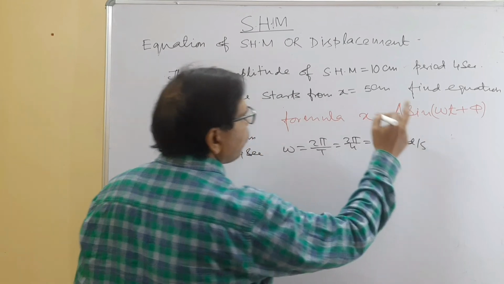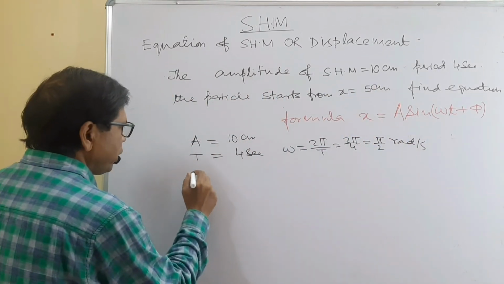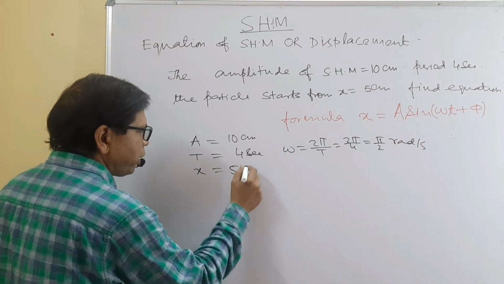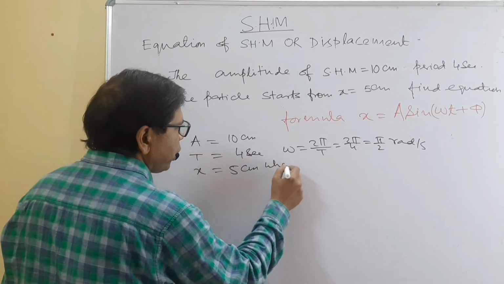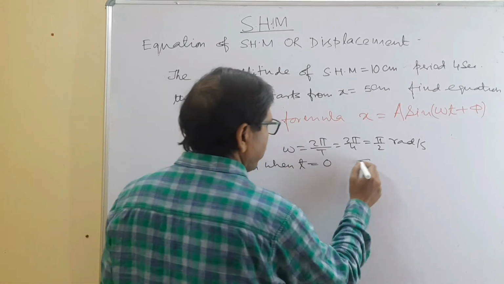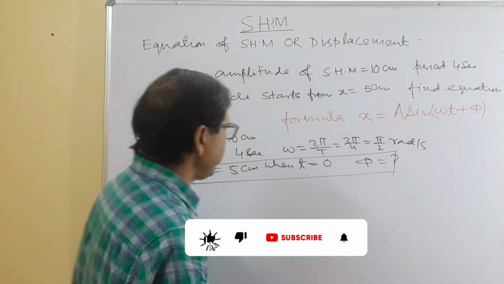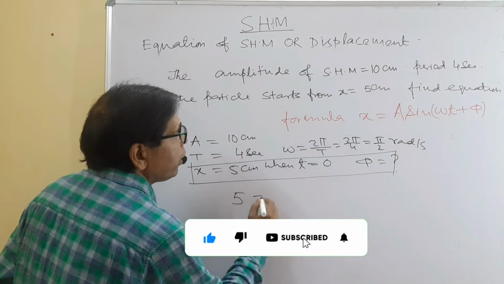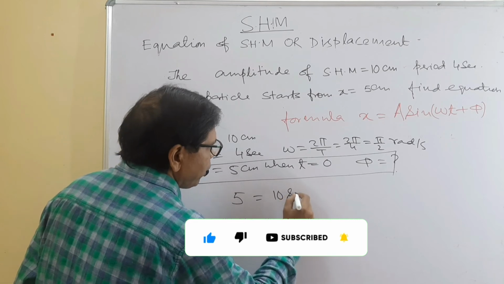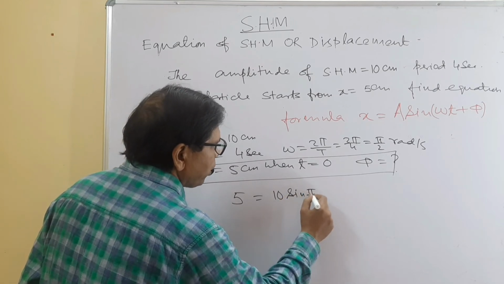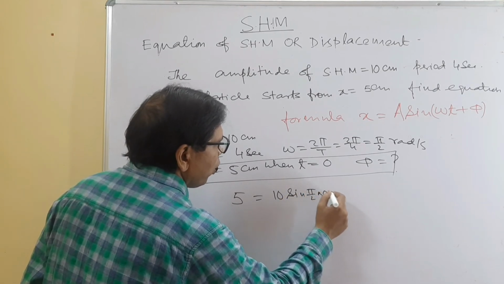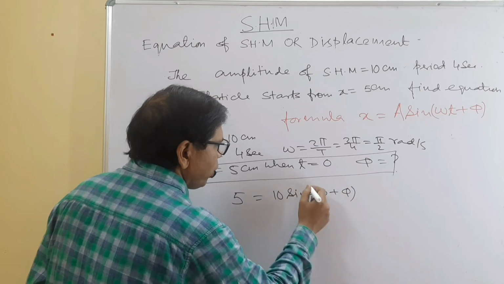Okay. Now finally the motion starts x equals 5 centimeter when t equals 0. Now we have to calculate φ. If we put this value in this equation, we can get 5 equals 10 sin(ω·0 + φ), where ω means π by 2.